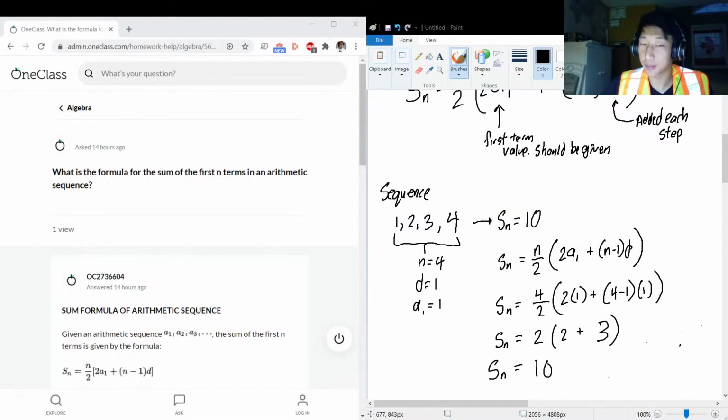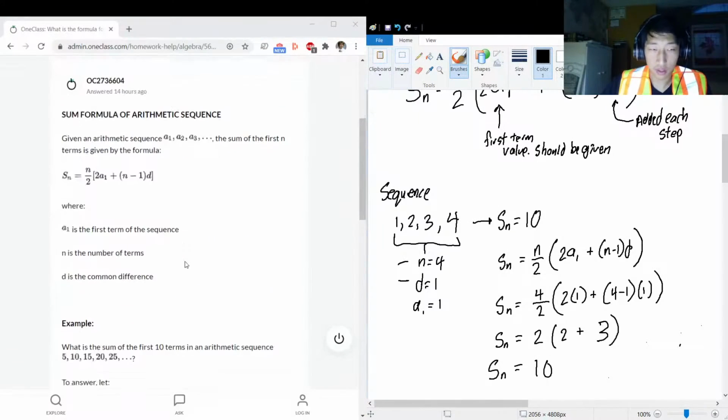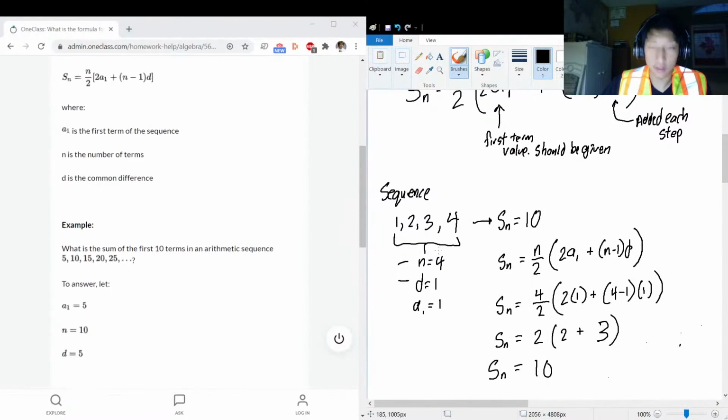Just make sure that you're able to extract your values here. The n is the number of terms. D is what you're increasing by to go from term to term, also known as the common difference.